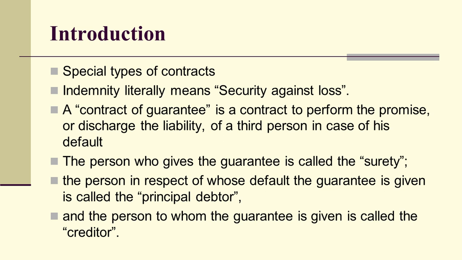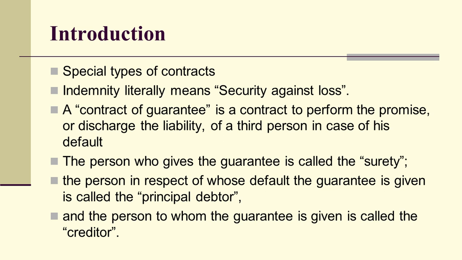The introduction of guarantee and indemnity. As I told you before, these both contracts are special types of contracts. Indemnity literally means security against loss. If loss occurs, these losses are secured.